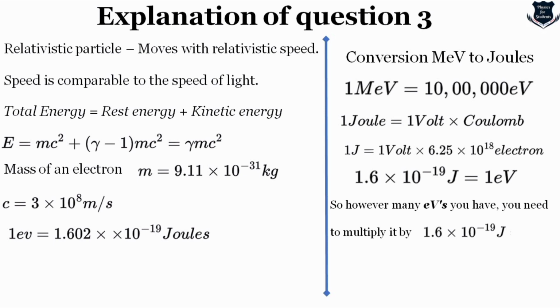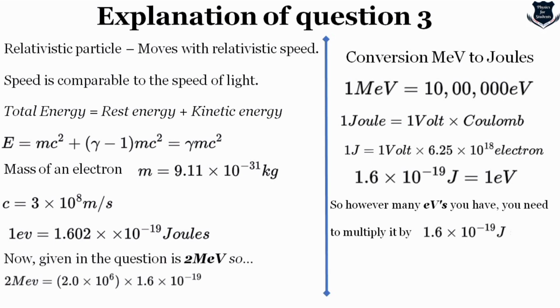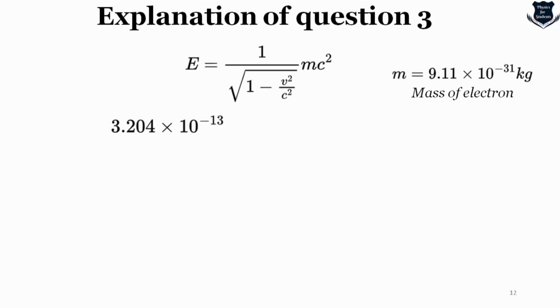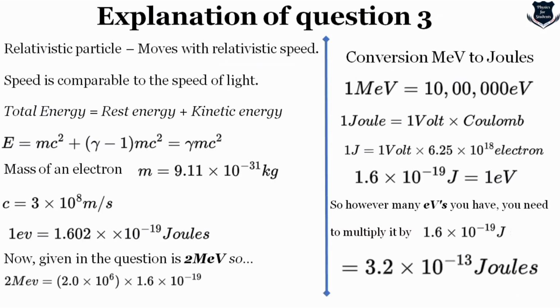This is just a quick derivation which shows how from MeV we can go to joules. Now the question says 2 MeV. So we first convert the 2 MeV, multiply by this, and what we get is 3.2 times 10 to the power minus 13 joules. So we take it forward and use this Lorentz transformation, where we know the mass of the electron is this. So we get 3.24, going back to the previous part, we got this one, right?